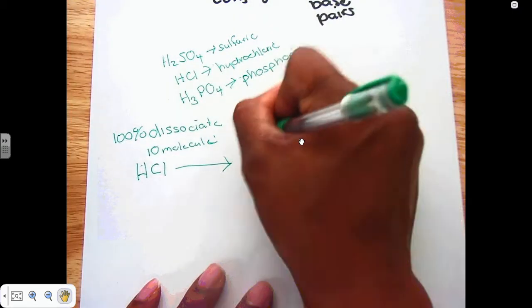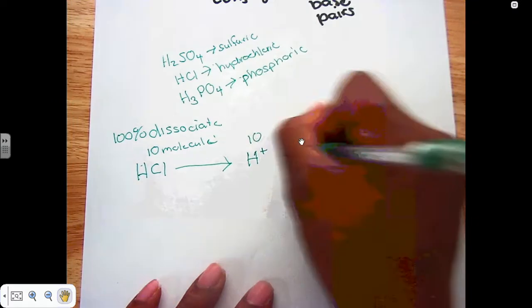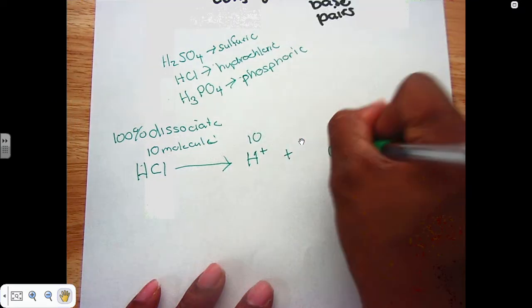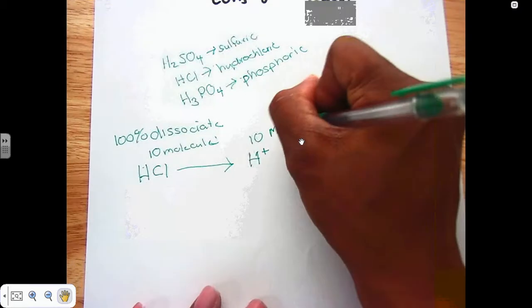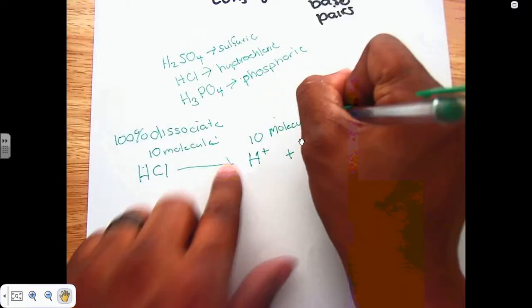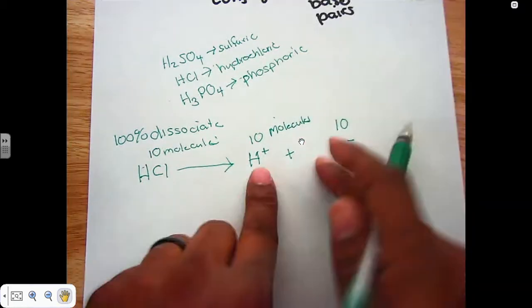You'll end up with 10 molecules of hydrogen, and 10 molecules of chlorine. So 10 molecules of each. And so that means that 100% it breaks apart.